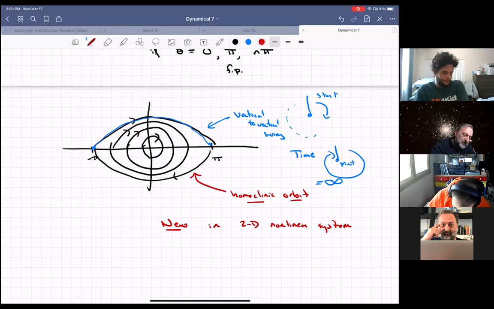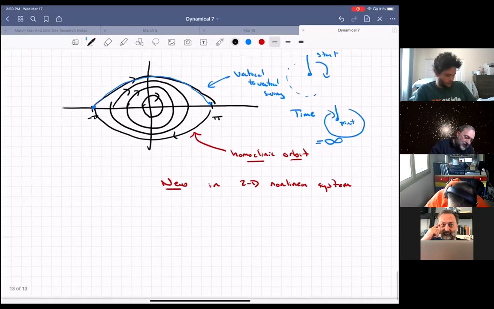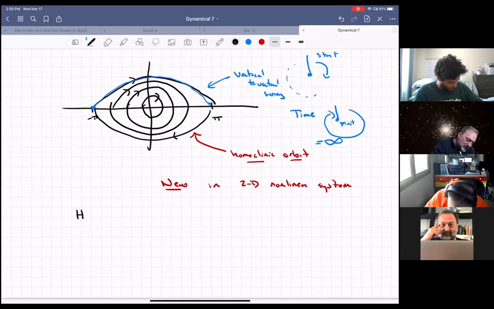And in fact, homoclinic orbits are common in Hamiltonian systems.